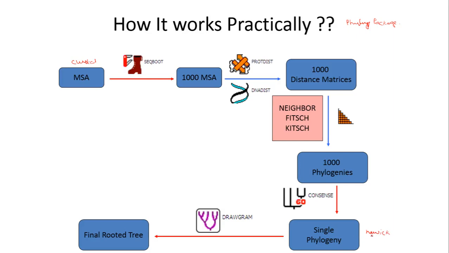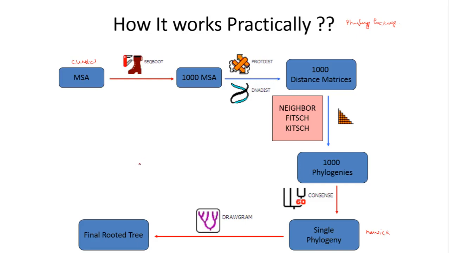You can use this Newick tree format as an input to the drawgram program, which is also a part of this Phylip package, and create the final rooted tree. So this is how you perform distance based analysis using bootstrap analysis for defining the reliability of your tree.